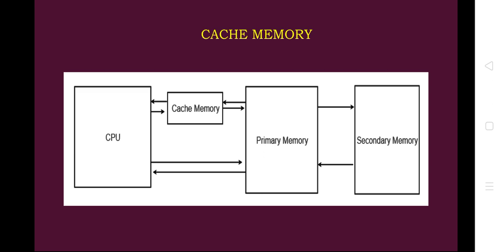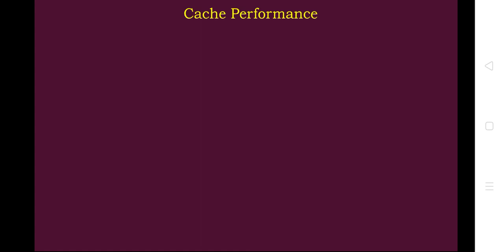In that case, a cache memory is brought in between the CPU and the primary memory, and frequently used data is fetched from the primary memory and passed to the cache memory. From the cache memory, the CPU gets the data and does the process in a faster manner. You can see here the arrows between the CPU, cache memory, primary and secondary memory are all bi-directional. That means data can be read in and also written afterwards. So bi-directional lines are going between these devices.